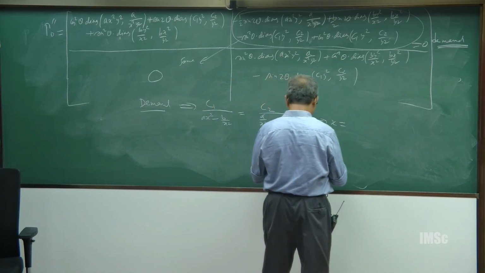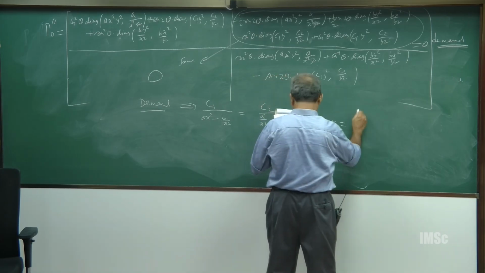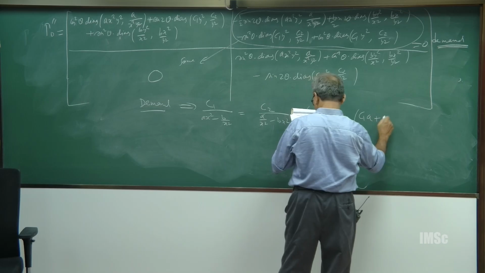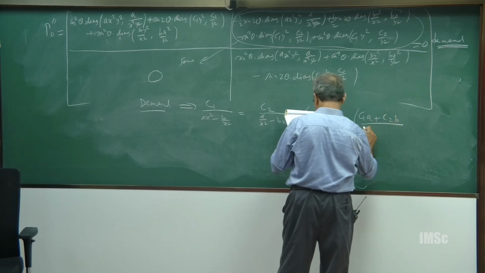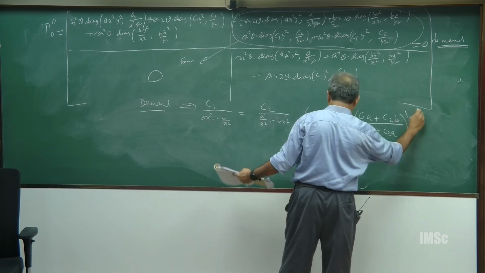I think this x is, let me see whether, yeah. So, x is this one: C 1 a plus C 2 b by C 1 b plus C 2 a, whole to the power 1 by 4. Okay.